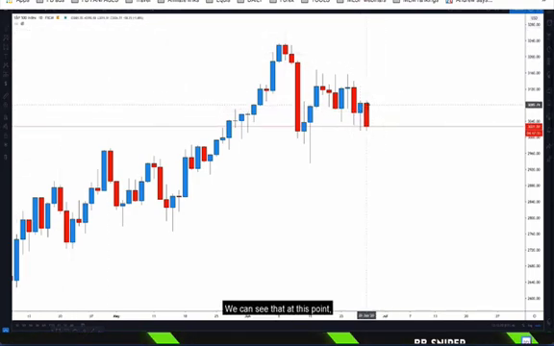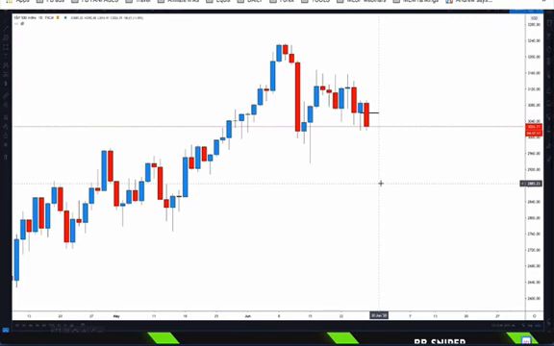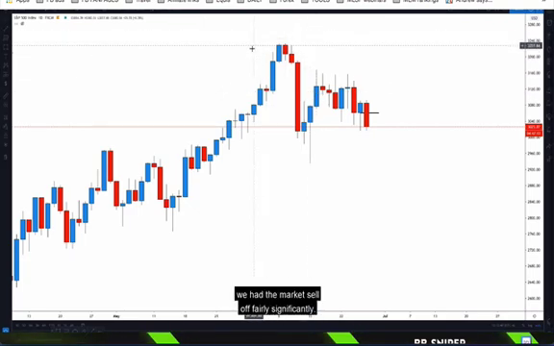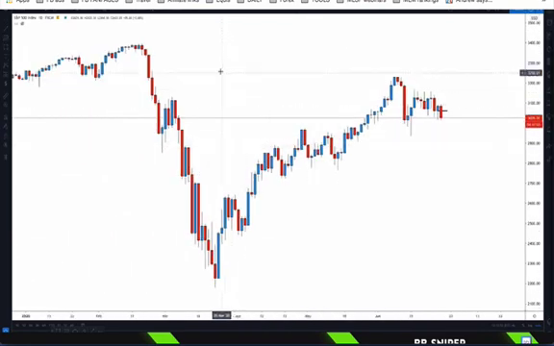We can see that at this point, there's a fairly high probability that this day is going to close lower than where the previous day opened. We can see that ever since we made this high, we had the market sell off fairly significantly.